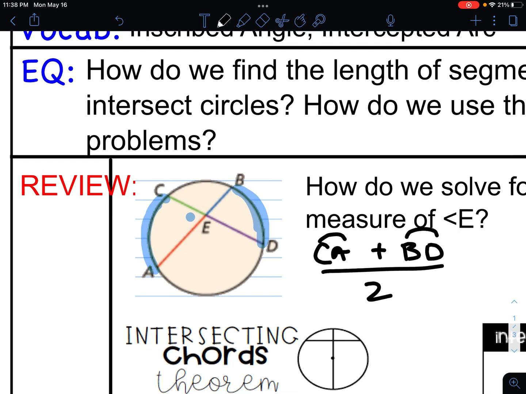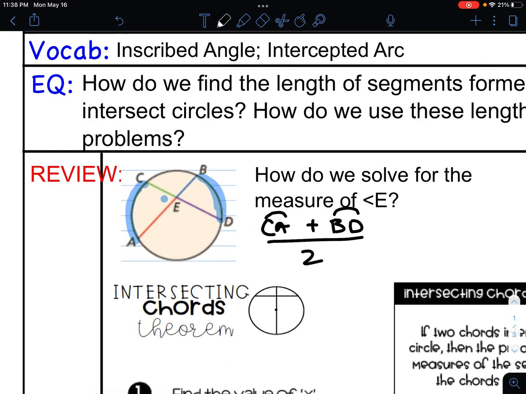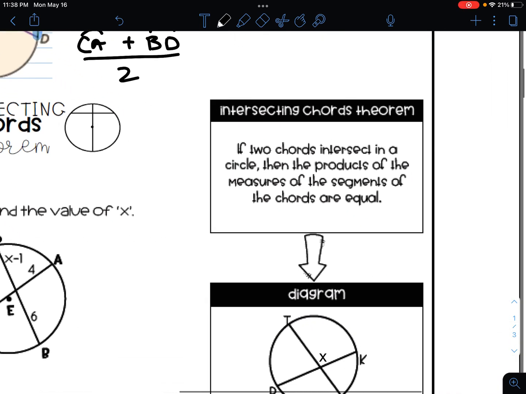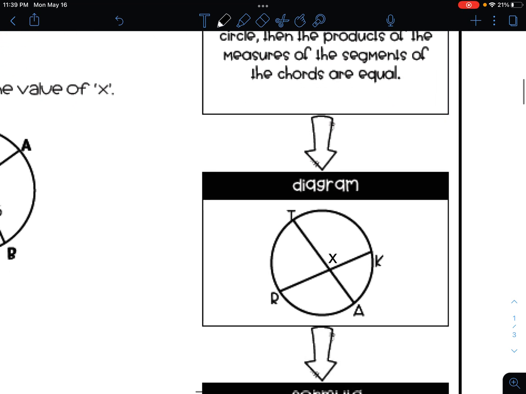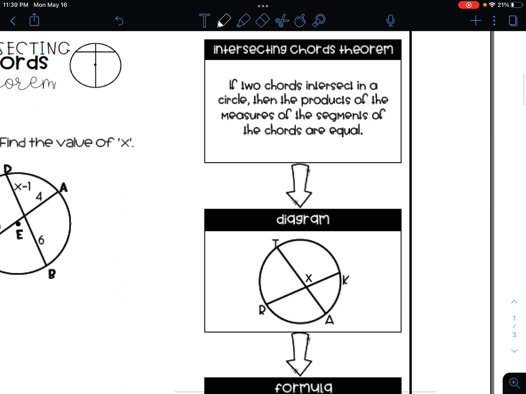So today we're going to look at what happens when the side lengths of the chords intersect, and we're talking about the lengths of the chords versus the angle measures they create. So over here on the side, we have 3 different scenarios. One of them is what happens when we have chords on the inside and they're intersecting.